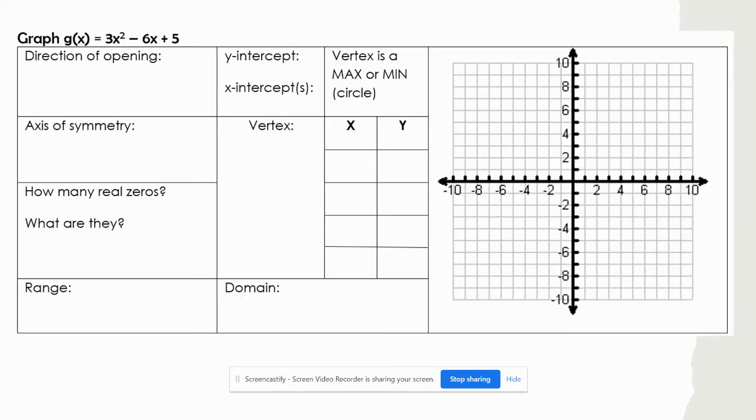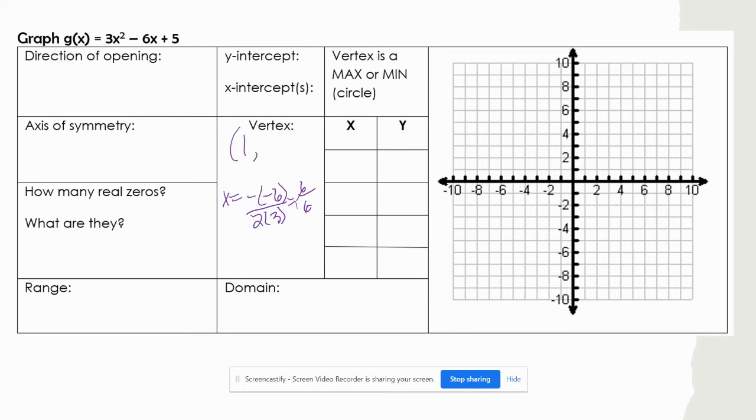All right, let's try a couple of graphs. I'm going to start with finding the vertex. So x equals negative b over 2a, which gives us 6 over 6 or 1.